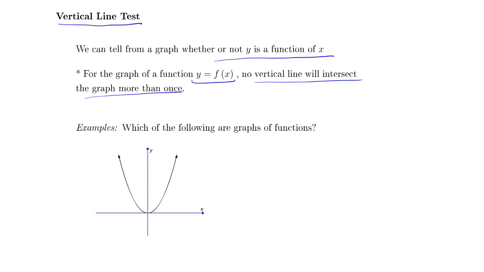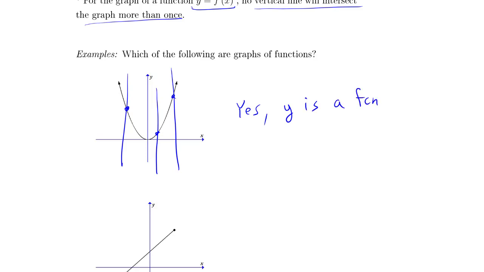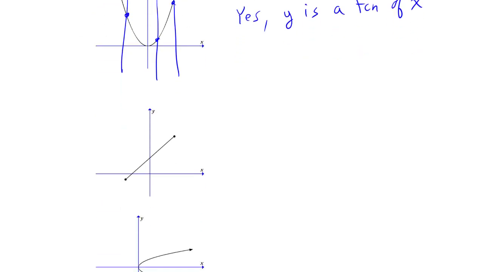So let's take a look. For this first one here, if we take a bunch of vertical lines, notice that they always intersect the graph only once. And so yes, y is a function of x. Now look at this one.